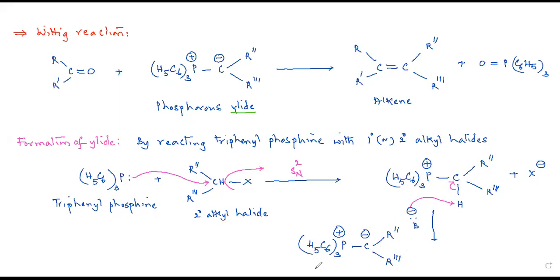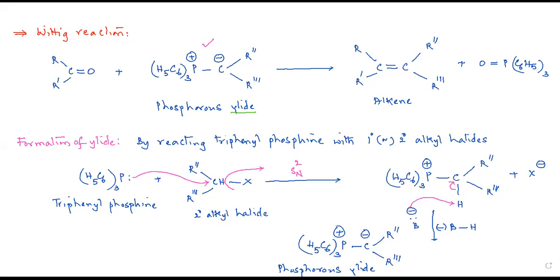So this is how you get the phosphorus ylide. Now the thing that is eliminated here is B minus, which has gone out along with the H plus, that is in the form of BH. Check this out. This is how the ylide is formed. We have just done the first part.